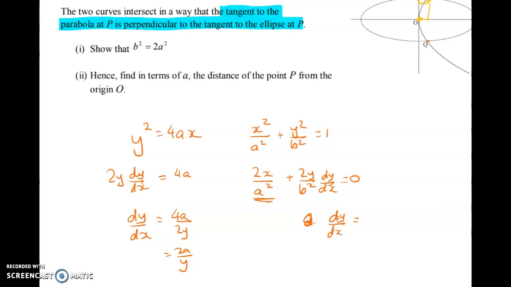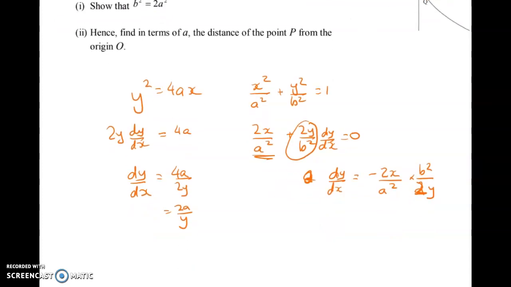Well, we're going to subtract this first. So it's negative 2x over a squared times the reciprocal of this, so b squared over 2y. Now, cleaning that up gives me negative 2b squared x over 2a squared y, and I can simplify out the 2's.